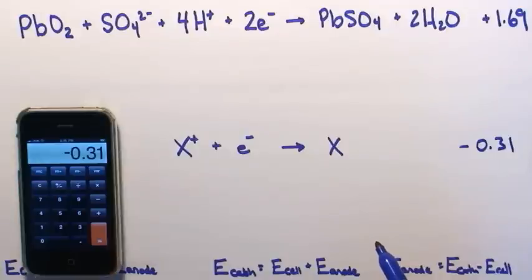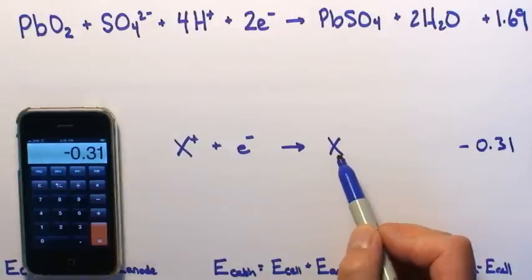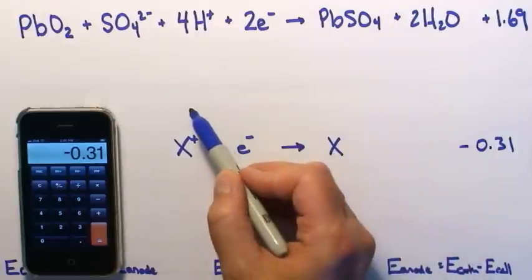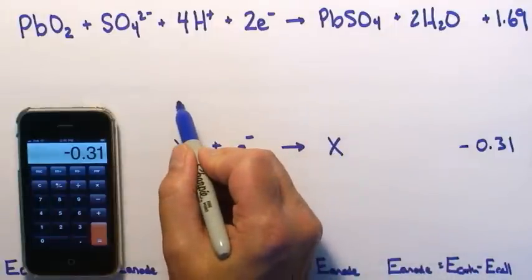Okay, now we're looking at the next reaction down, which shows the X metal this time reacting with Z ion. And so therefore the Z ion has to position itself above the Z metal.